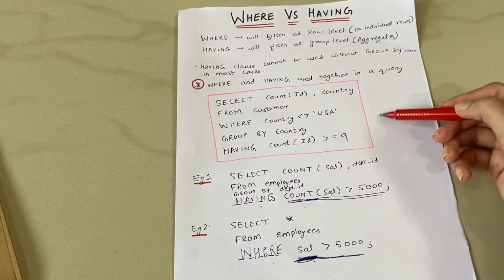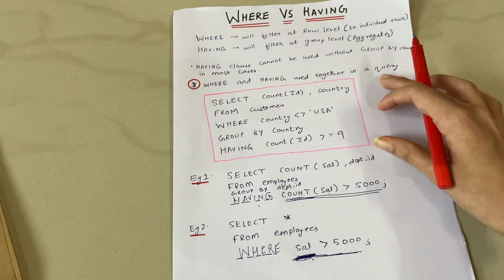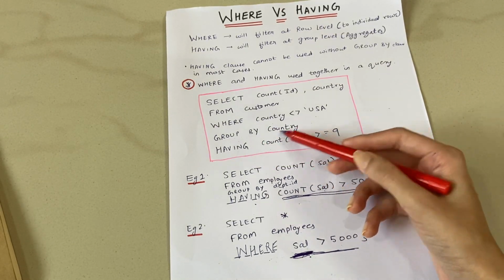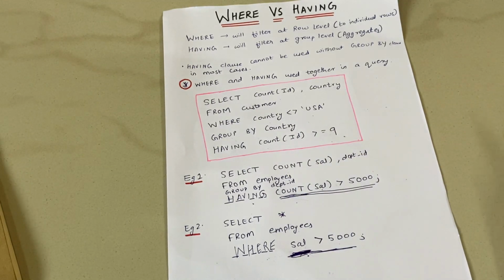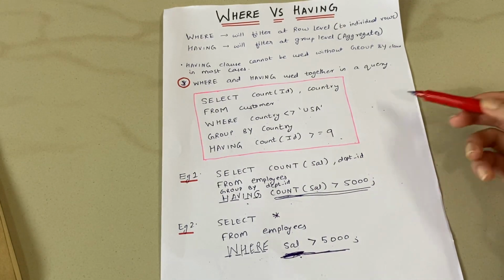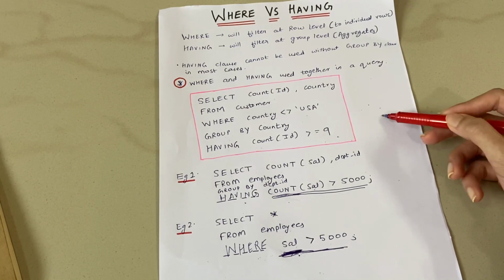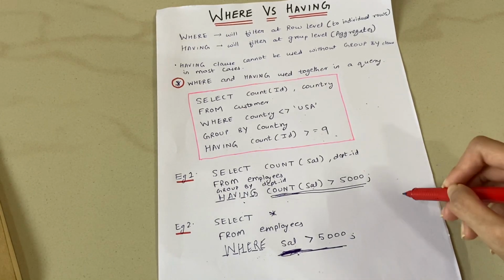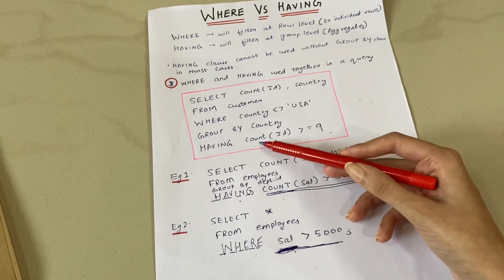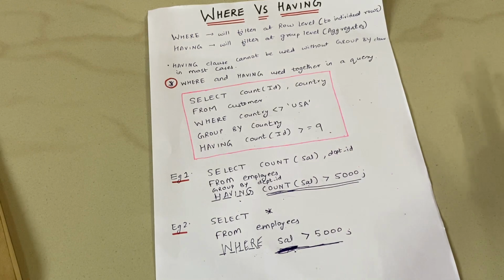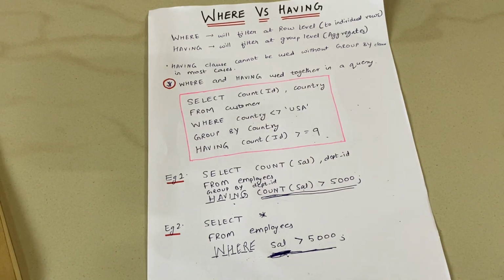So India and different countries, we'll group them, and then I am again filtering where COUNT(id) >= 9. So again all that filtering will happen based on different countries like India and other countries, and after that wherever count is greater than 9, only those will be printed. Where count is less than 9, those will not be printed.